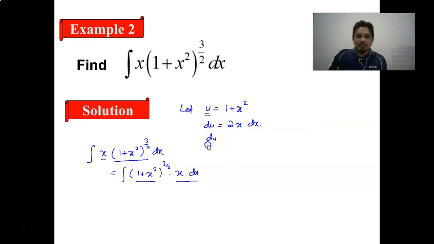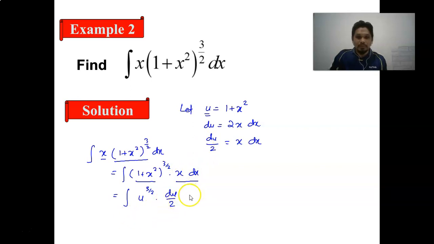So divide by 2, du over 2 equals x dx. The integral becomes u to the power of 3 over 2, and x dx equals du over 2.